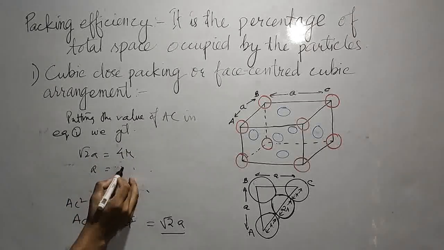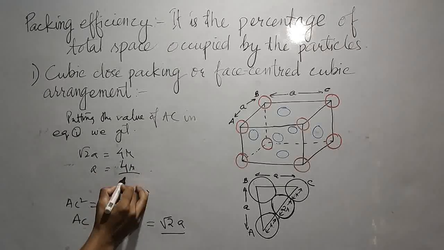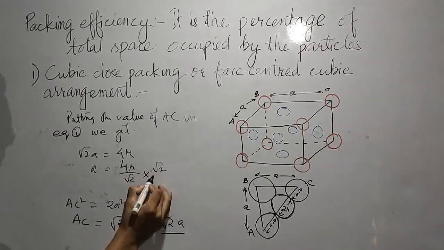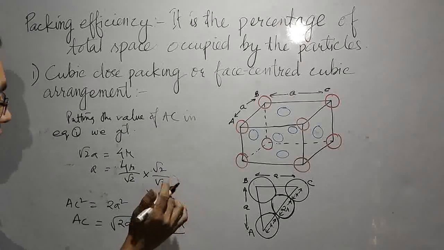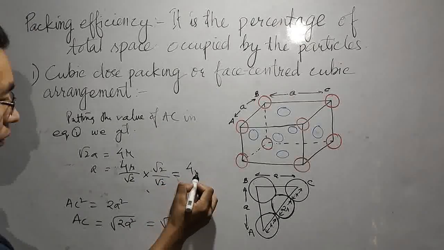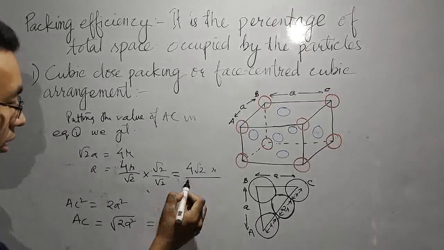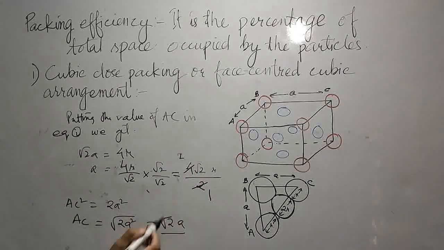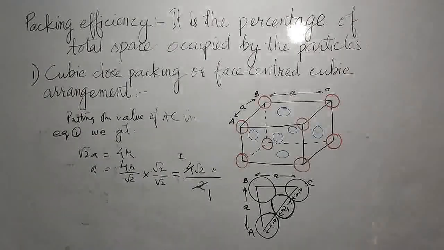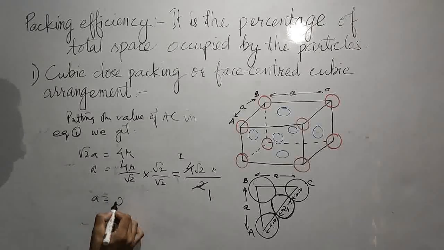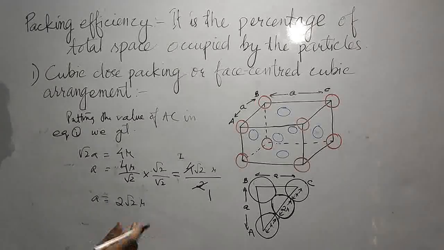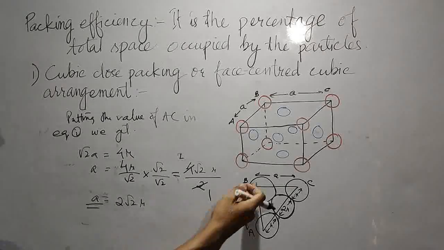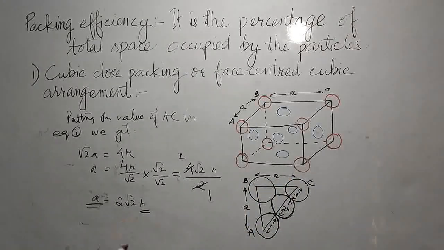Then you transfer this root 2 to the other side, it will be 4r by root 2. You can rationalize it by multiplying by root 2 by root 2, that will be 4 root 2 r divided by 2. So 2 1s are 2, 2 2s are 4. What we get is a equals 2 root 2 r. Now this is the edge length of the unit cell in terms of radius.